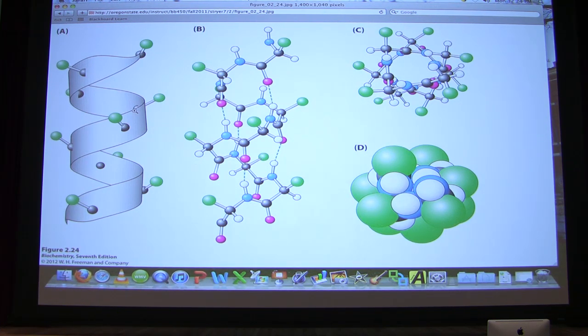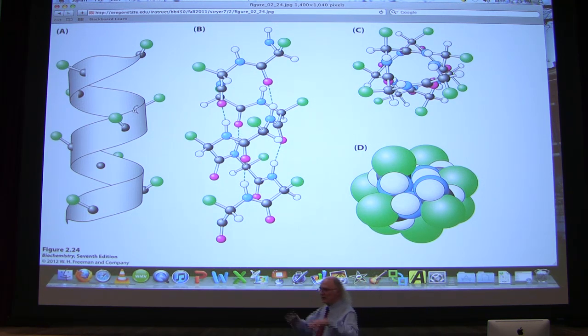So hydrogen bonds are stabilizing this structure. Very important point. The most important bonds stabilizing secondary structure are hydrogen bonds. And they're happening within a few amino acids of each other.